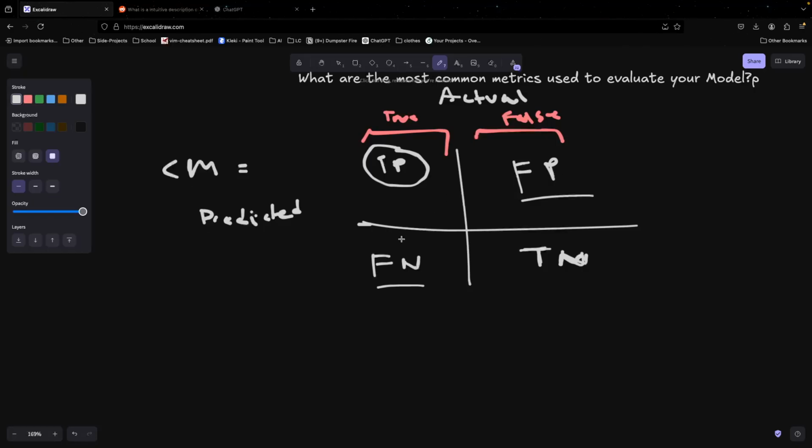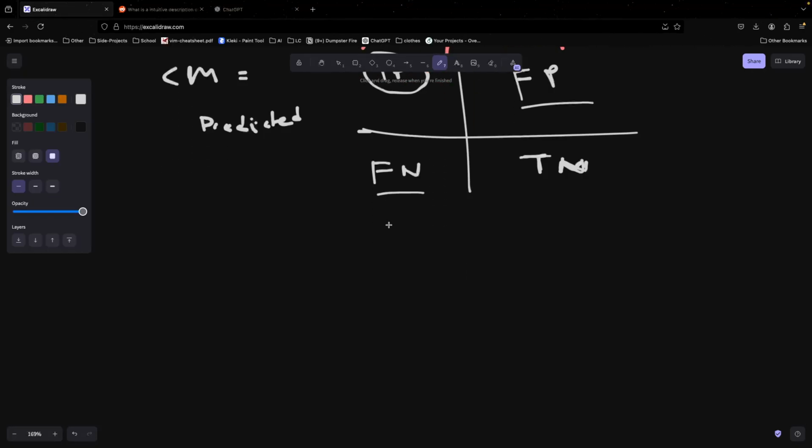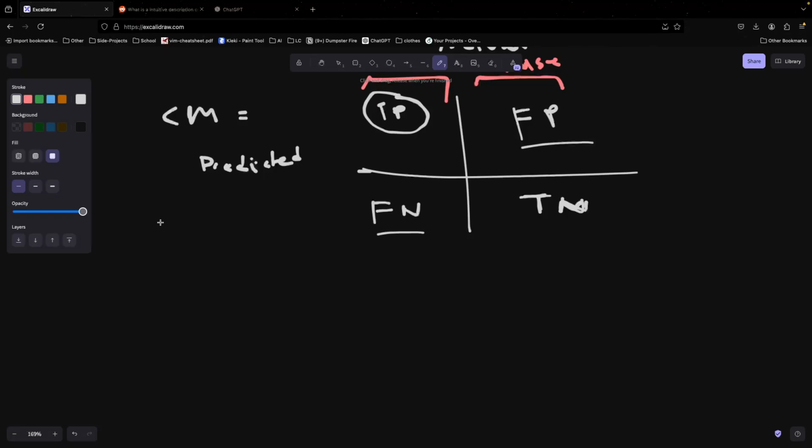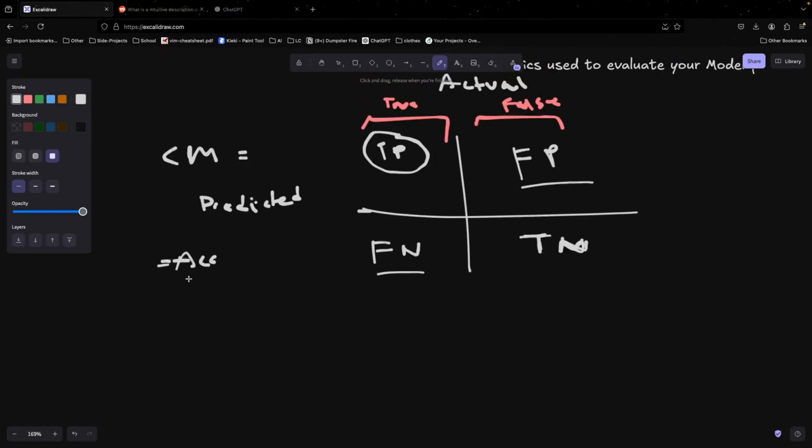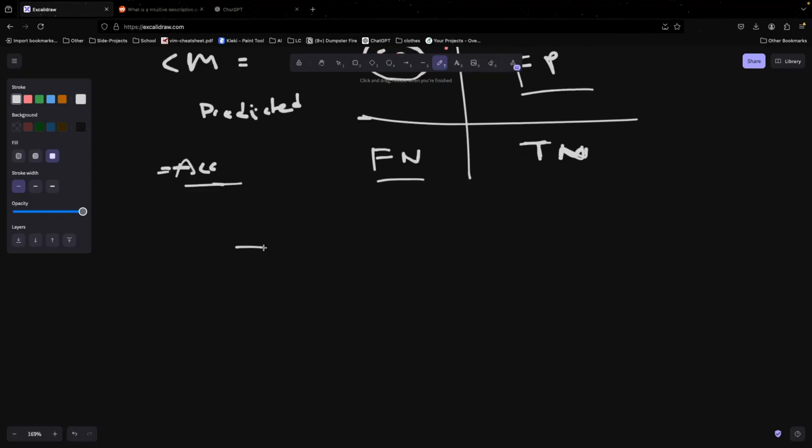So why do we care about this, and why can't we just use something called accuracy? The main issue with just doing accuracy is if, for example, you have an imbalanced data set.